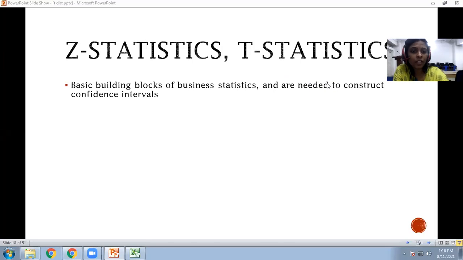Even if you do correlation, regression as well, you will still go ahead and use hypothesis testing in order to prove whether there is a correlation or association between two variables, or if there is an association, then what is the regression formula of how the x variables impact your y variable. So more or less, here and there, you will have to use hypothesis testing in a lot of places. And for doing that, you need these two, Z statistics and T statistics.